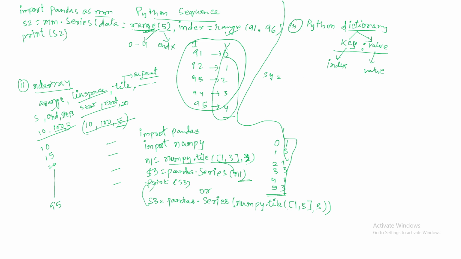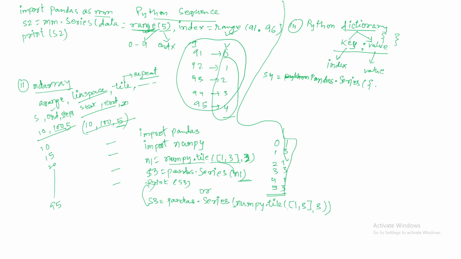Okay, so s4 I am writing directly, pandas dot series, bracket open. Now for a dictionary, the brackets are curly braces. Okay, in the curly braces, in the index we can use any index, that means characters, numbers, or mixed data.